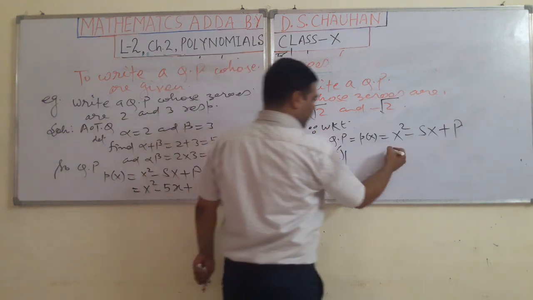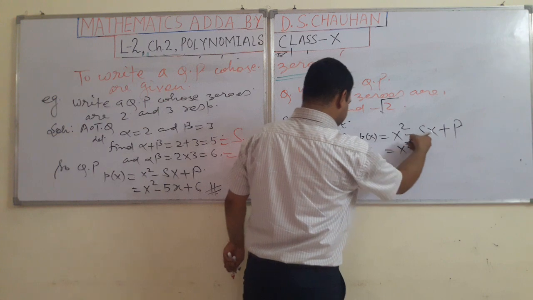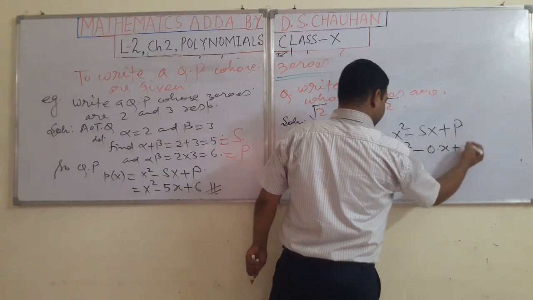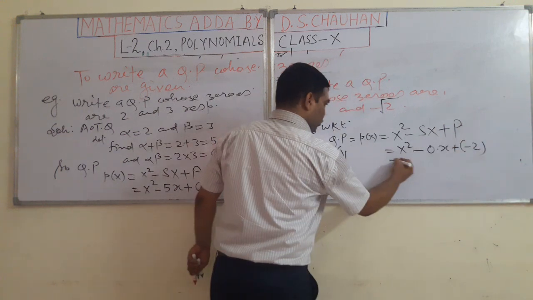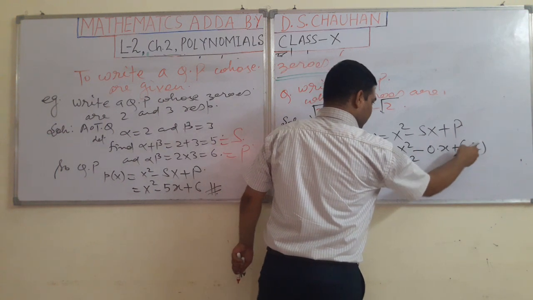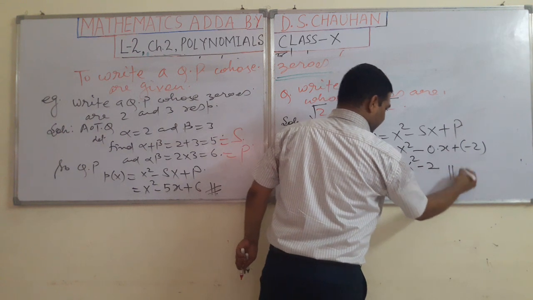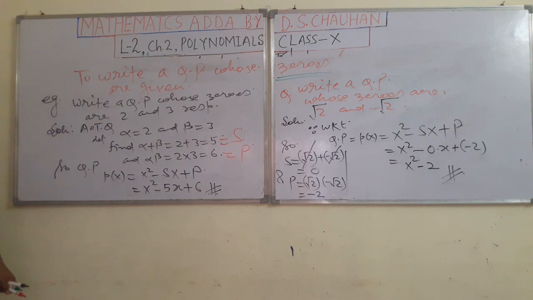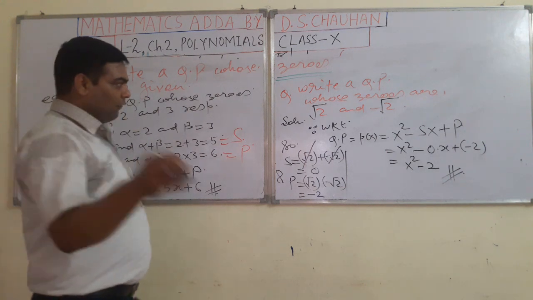So what will be the quadratic polynomial? x square minus sum, it is 0 into x, plus product, it is minus 2. So after simplification, what will you get? x square minus 2. This is the required quadratic polynomial. I hope it is clear to all of you.